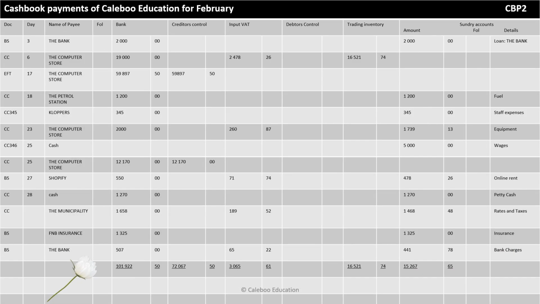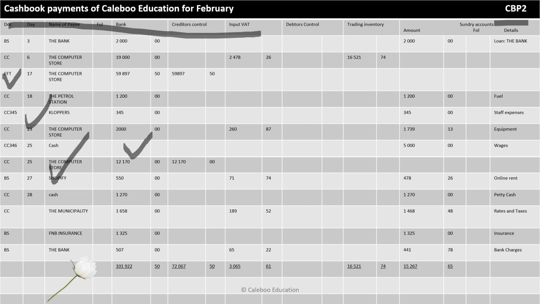This is what our completed Cashbook payments for Calibre Education for February looks like. It has its own reference, Cashbook payments number 2. You've got all your column headings, all the people that were paid, all the documents, the days the transactions took place.